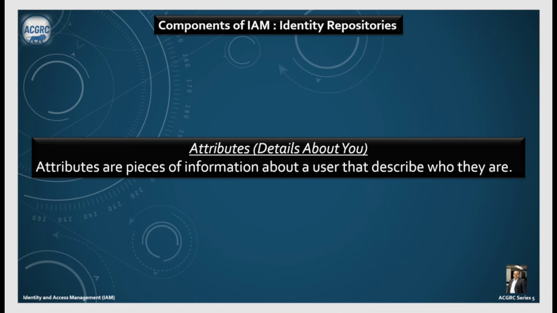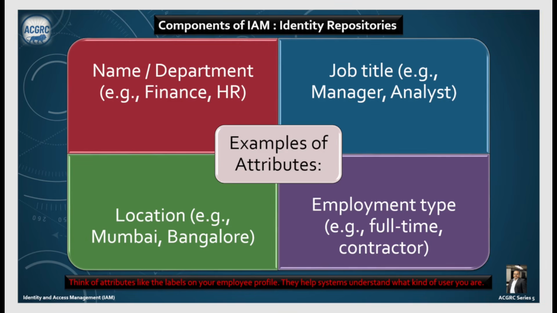What are attributes? It's details about you. Attributes are pieces of information about a user that describe who they are. Examples: job titles: manager, analyst; employment type: full time, contractor; location: which location you are from; name; department, whether it's finance, HR, and so on.